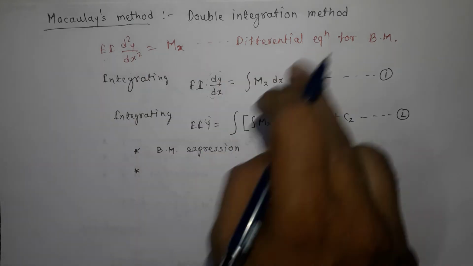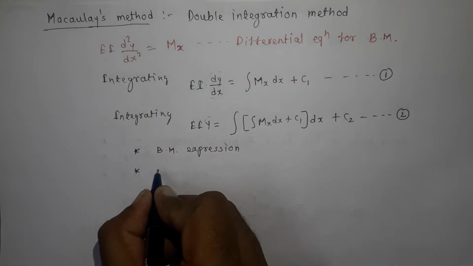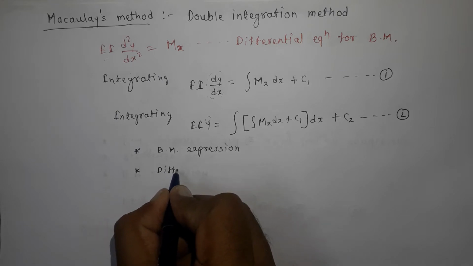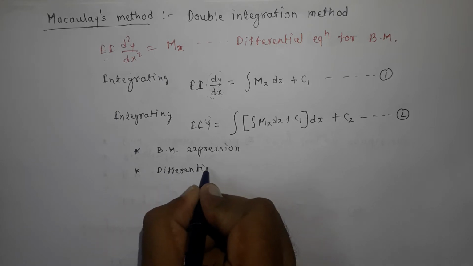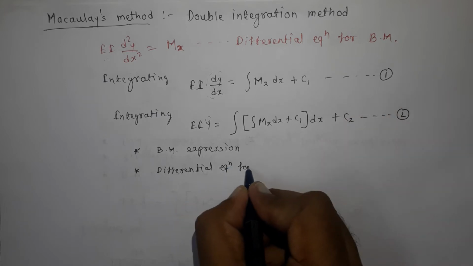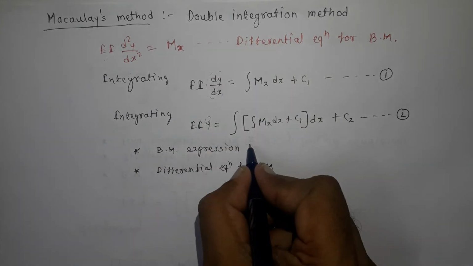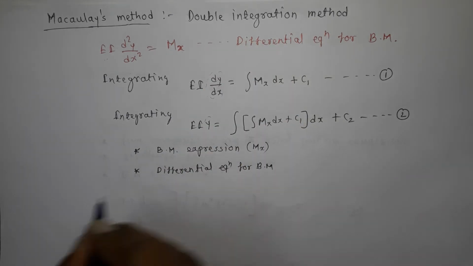Once the equation is written, that is the second step: write down the differential equation for bending moment, means this equation. Bending moment expression means we will have to get Mx.